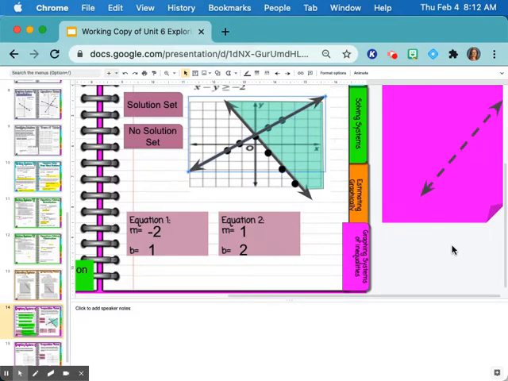There we go. Is that okay? Okay. And now you'll shade it and use a different color to shade it.